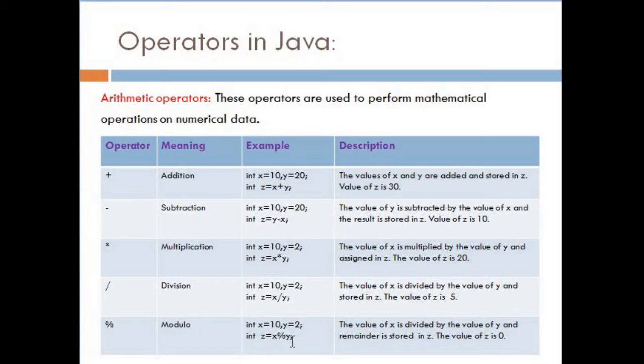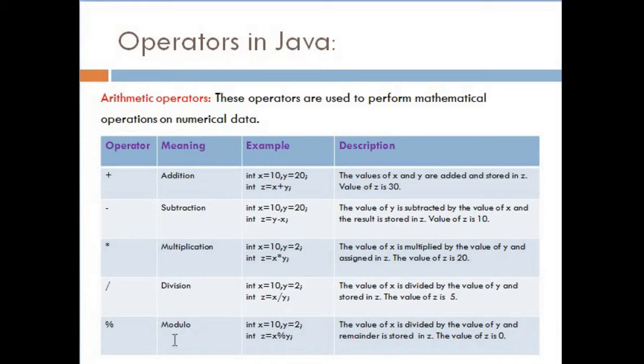Here x percentage y denotes 10 percentage 2, as the value of x is 10 and the value of y is 2. Now when 10 percentage 2 is calculated, at first 10 shall be divided by 2, which gives the quotient as 5, since 2 5s are 10. Now 10 minus 10 gives the remainder as 0. So this produces the remainder 0, which shall be stored in this variable called z.